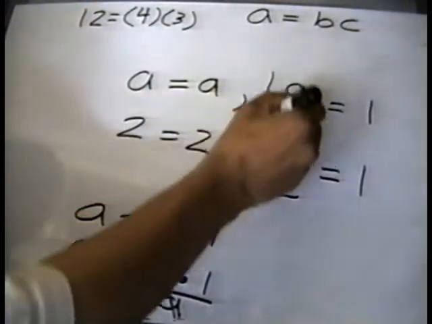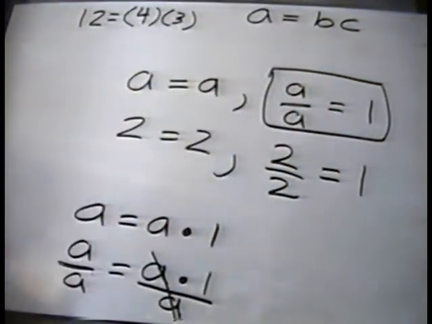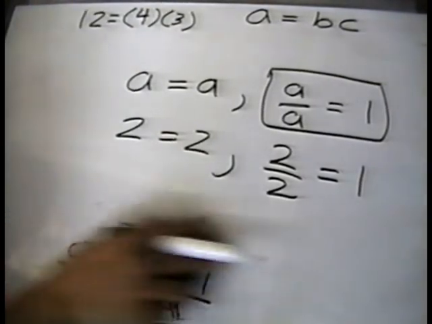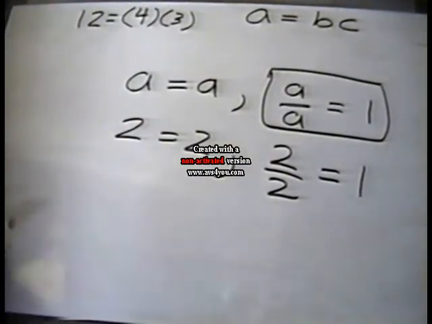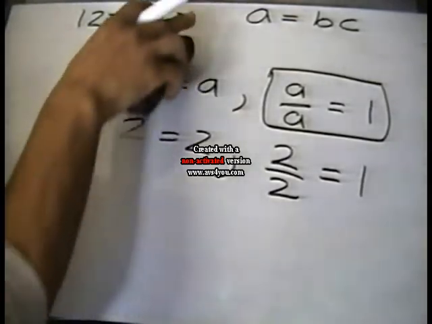Okay? So you still get that 1 there. There's still a 1 there. And that's what it equals. Anytime in algebra, this is actually a law. Any number divided by itself equals 1. Okay?